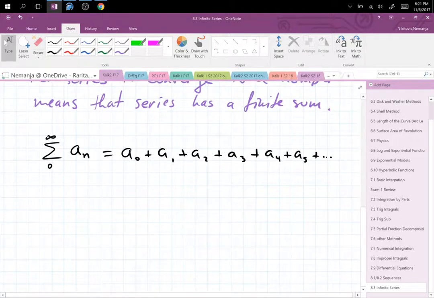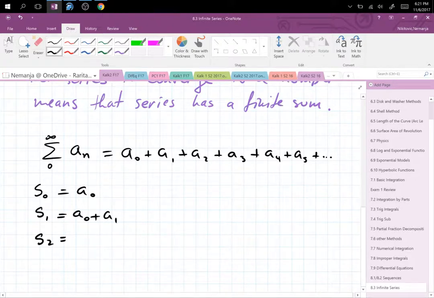What we do now is obtain a sequence of partial sums. So S0 is just a0. S1 is a0 plus a1. S2 is a0 plus a1 plus a2. S3 is a0 plus a1 plus a2 plus a3.